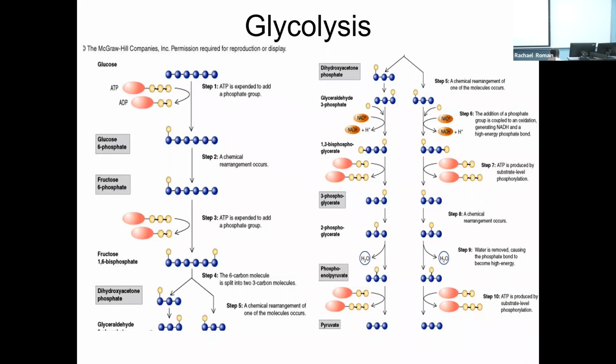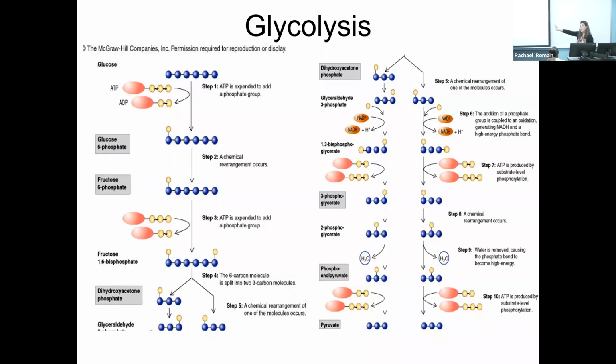So I think it's easier to just know that it's 2, 2, and 2. Because when you look at the product of this process, 2 of those get us to a neutral amount of ATP, and then 2 become the benefit, okay? So we've got a net total of 2 ATP that's coming off.